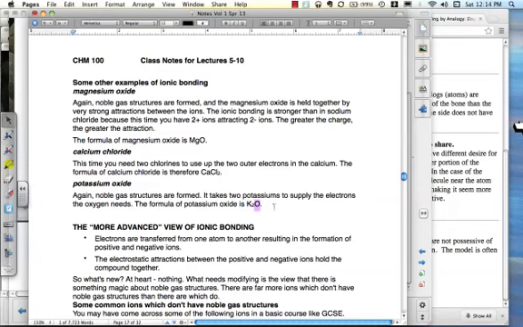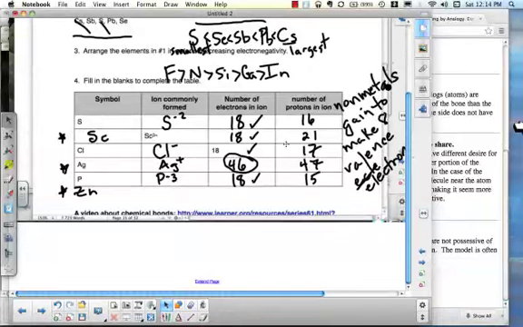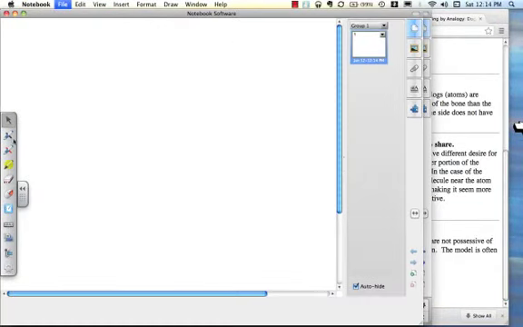Like I said before, there aren't too many nonmetals, so you will get used to changing those endings. And to end this lecture, what I'm going to do is write down the different nonmetals and their endings to help you out.